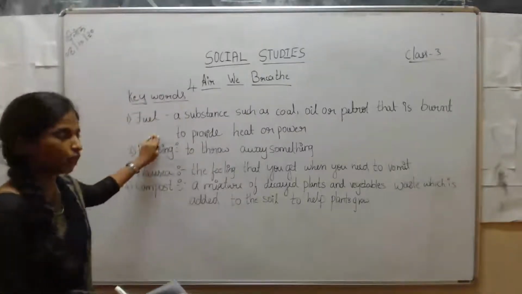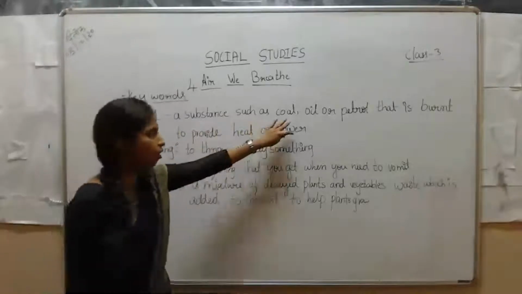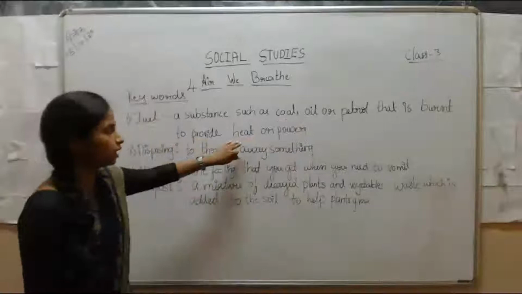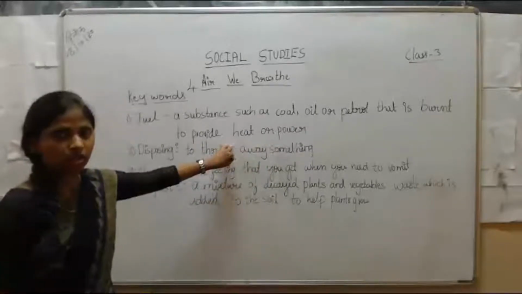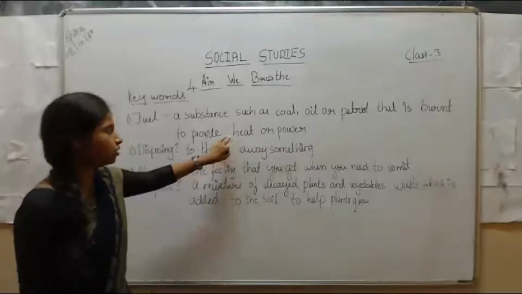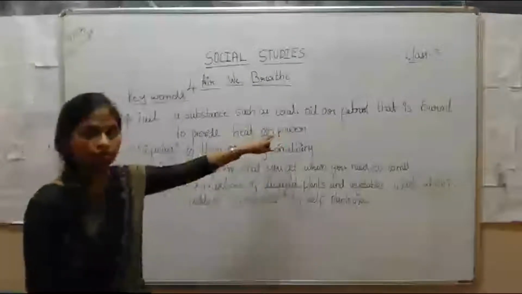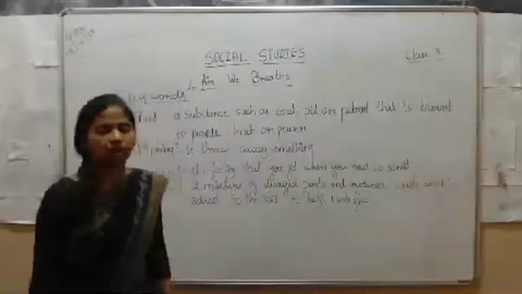Next one is fuel. Fuel means a substance such as oil or petrol that is burned to provide heat or power. To any machine, fuel is very much needed. It is a must. Fuel may be in the form of coal, oil, petrol, diesel. You might have heard, no? Parents use it in bikes and cars.